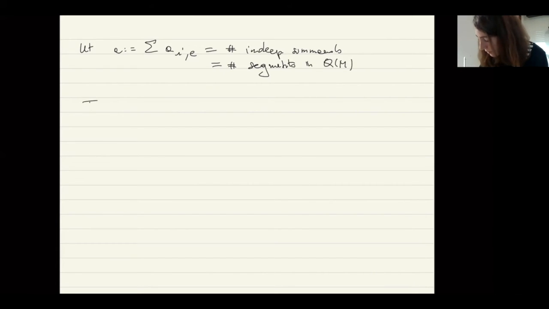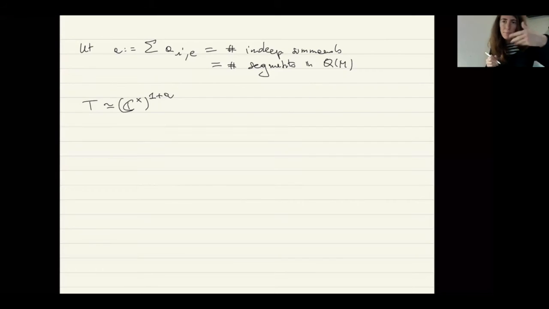Now I first pick a torus, which is A plus 1 copies of C star. Okay, 1 plus A, actually. I want a parameter, and then all the other copies of C star have a corresponding indecomposable summand.